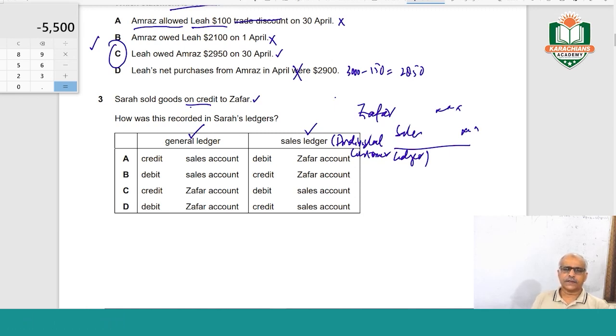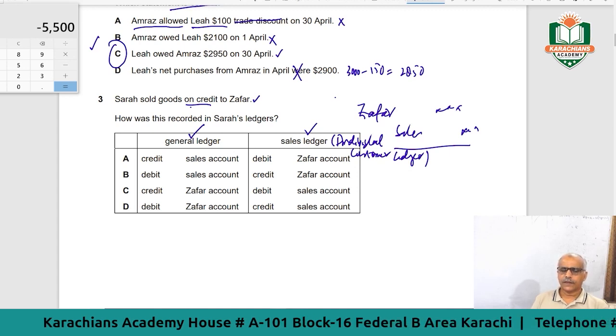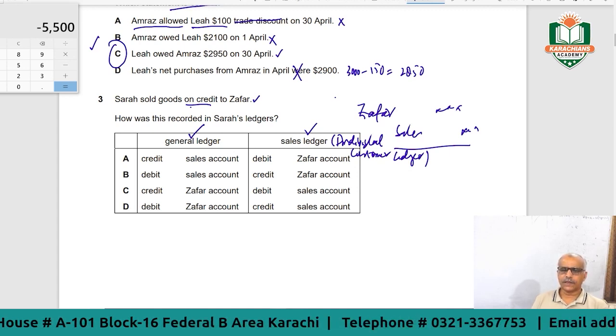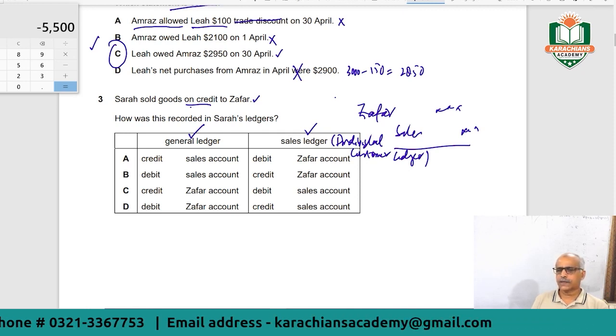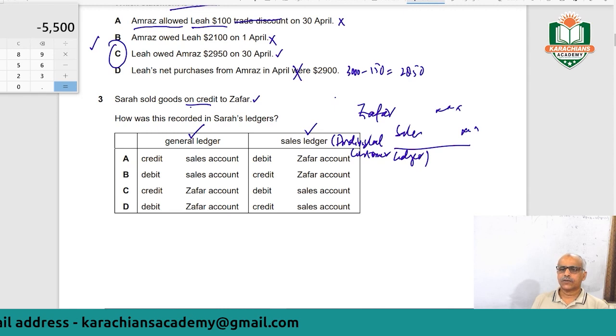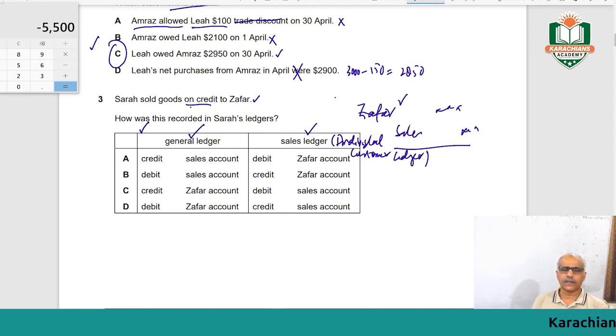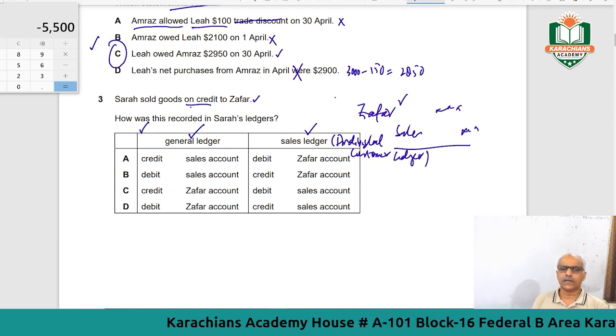And then the general ledger. Zafar is an individual person, so you cannot maintain his individual account in the general ledger.